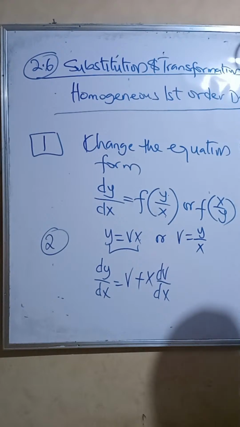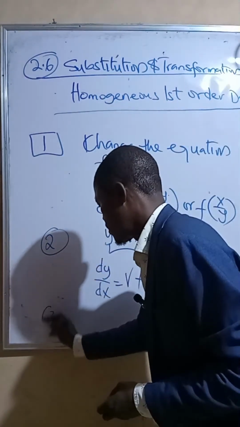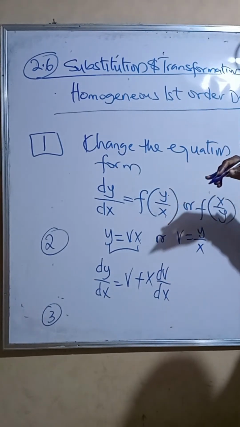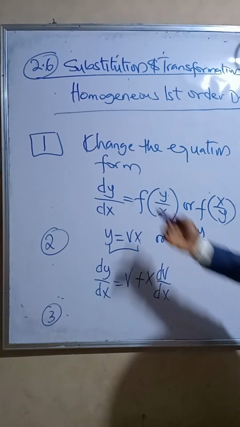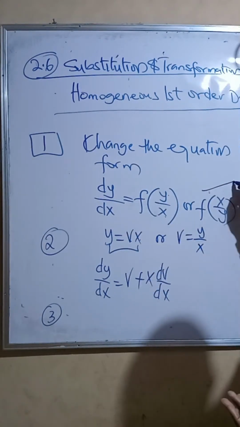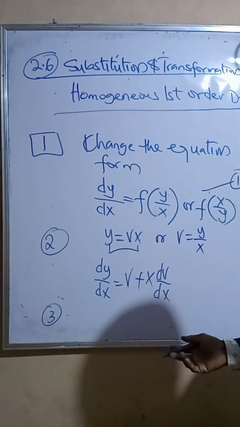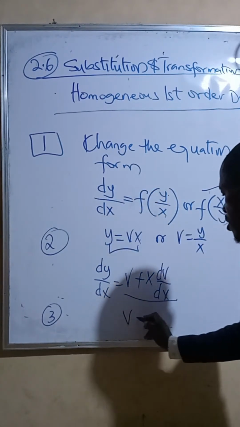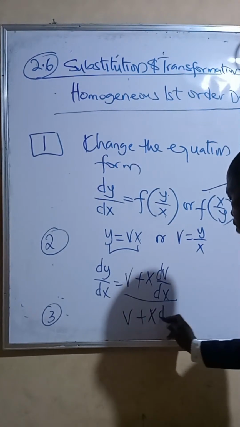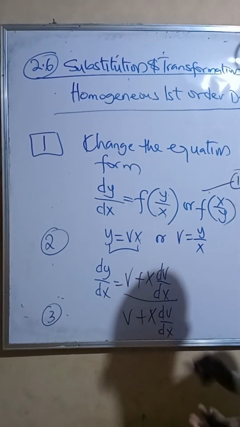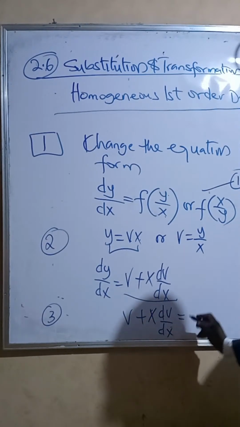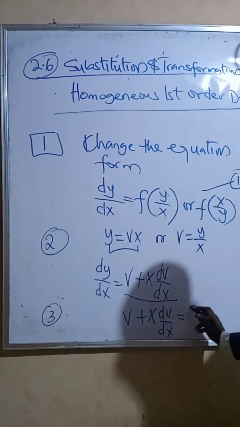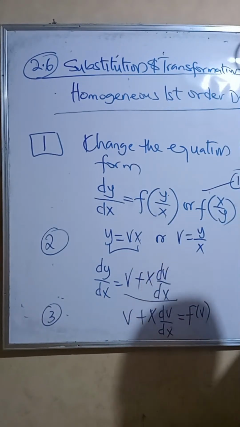Now step 3 is to go back to the first step, where we said change the equation to this form, and make your substitution there. Wherever you see dy/dx, put v plus x dv/dx, equal to, wherever you see y over x, plug in v, so that will be f of v.